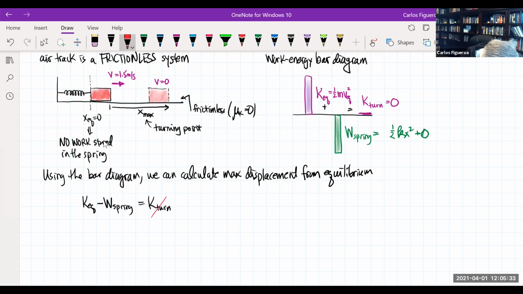But we know that this is 0. So this tells us it must be 1/2 mv equilibrium squared minus 1/2 kx squared at the turning point, and this has to do with the equilibrium point.